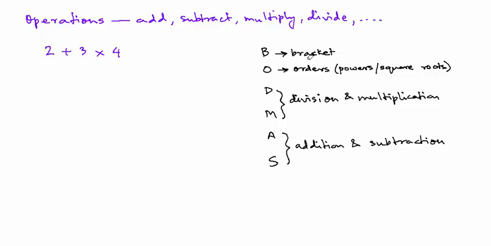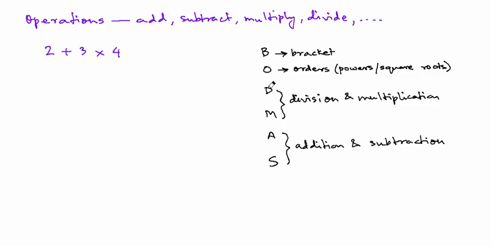So if you see a bracket or a parenthesis in a math expression, you work that first. Then you work with the exponents or the powers, followed by division and multiplication in the same order as you see them, starting from left to right on the expression. So it's not as if you should do a division first ahead of multiplication.